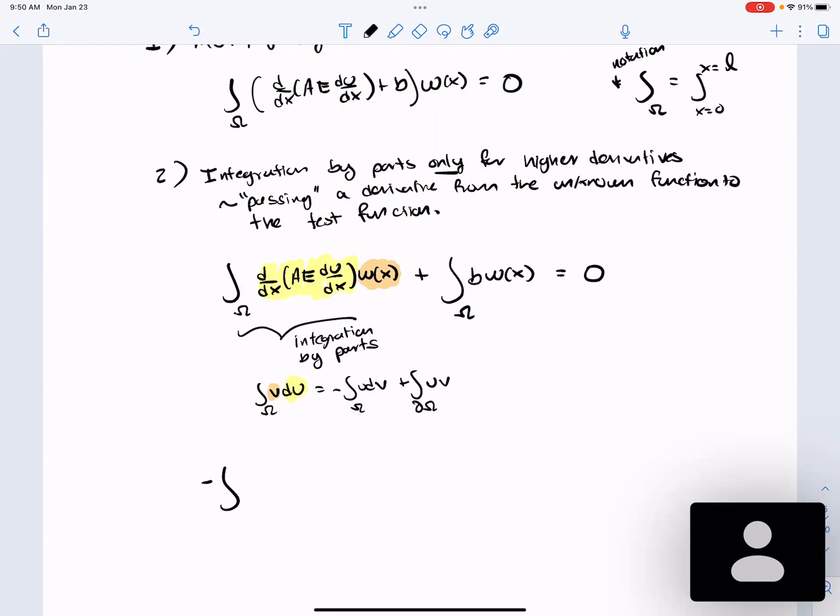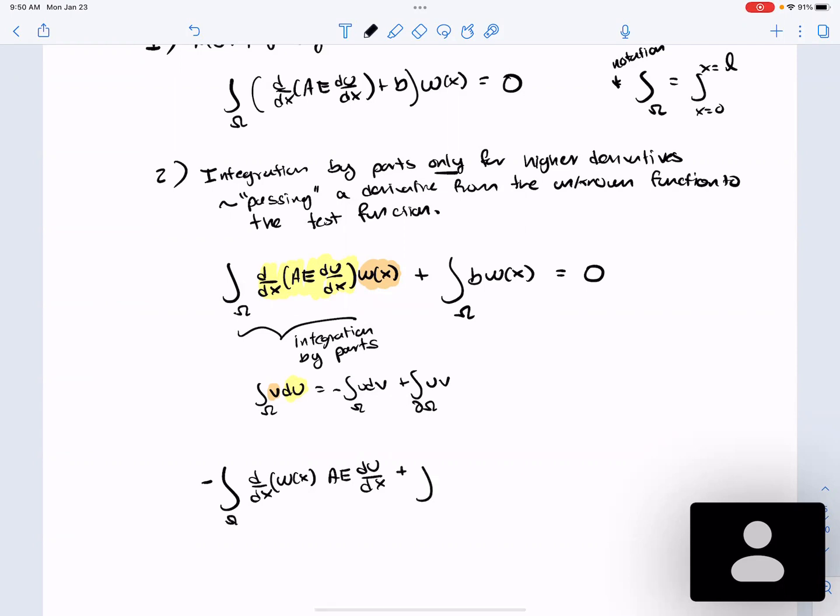So I'm going to end up with d/dx of the w, and then the other term was just the u, which is AE du/dx. So really, I just passed this derivative from here to the w, and obviously I changed the sign of my integral.